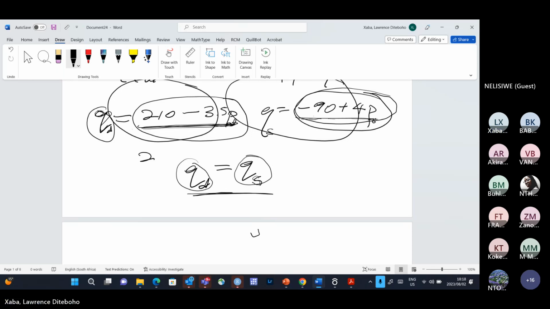So in this equation, where we see Q subscript S, we can put this because we are saying they're equal. Okay, noted, thank you.